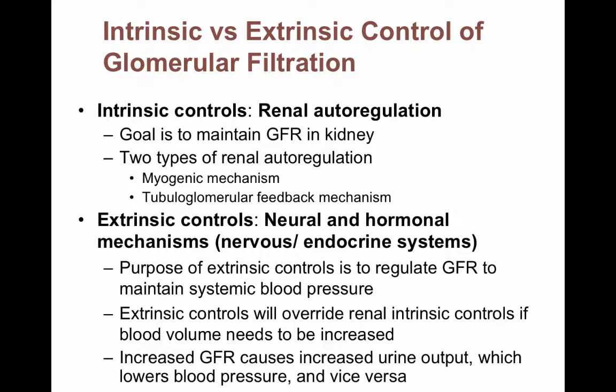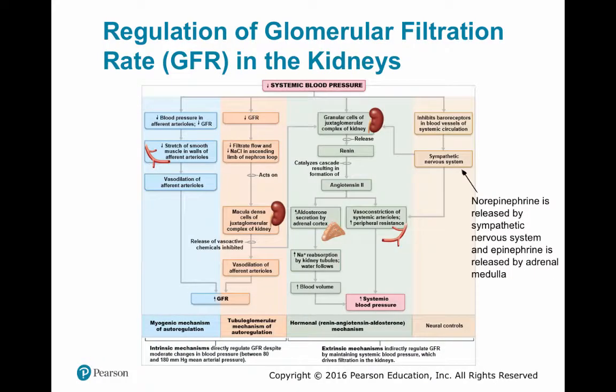The extrinsic control will override renal intrinsic control if the blood volume is too low and it needs to be increased. And that increased glomerular filtration rate causes increased urine output, which lowers blood pressure and vice versa. So that's why we need to maintain these.